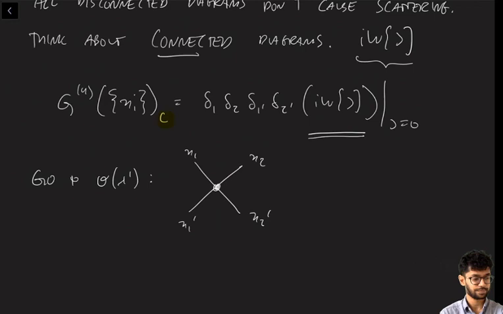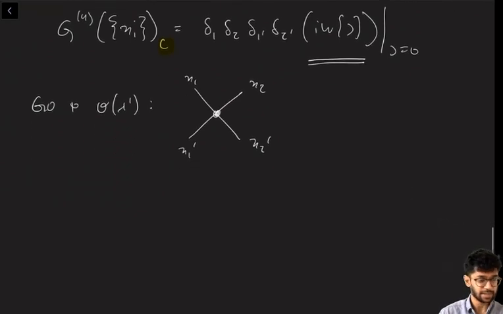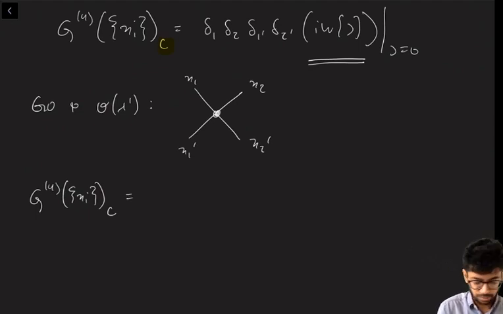Okay? And you can see what its contribution is to the 4-point function. What we get is that this diagram gives us something which looks like this. G4 of xi connected is equal to minus i lambda, where that comes from this vertex, times the integral d4y.